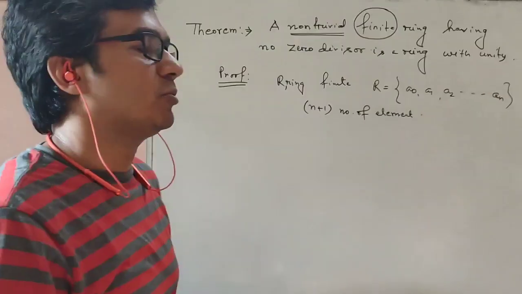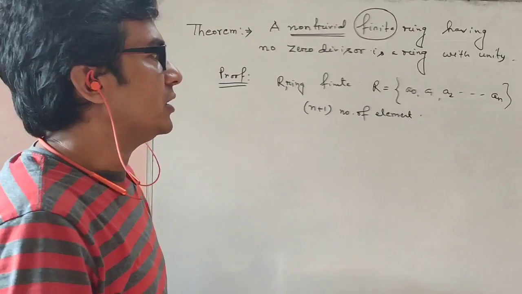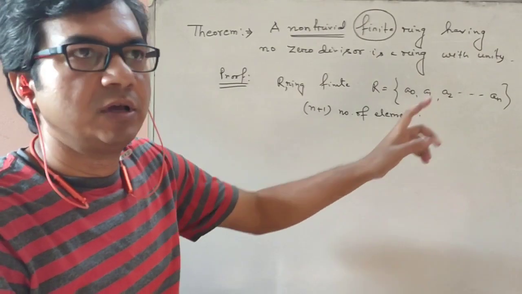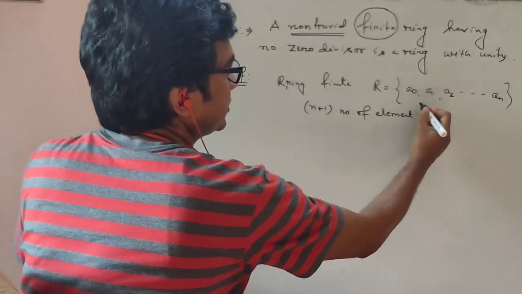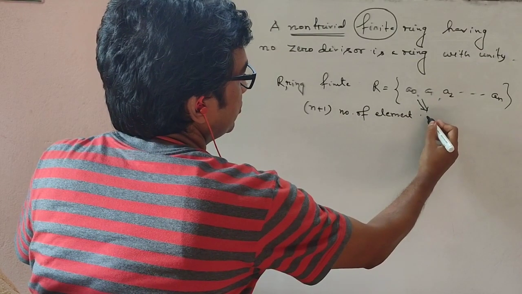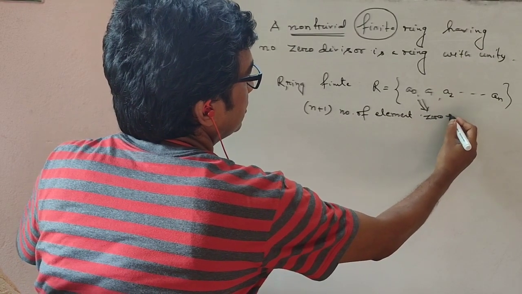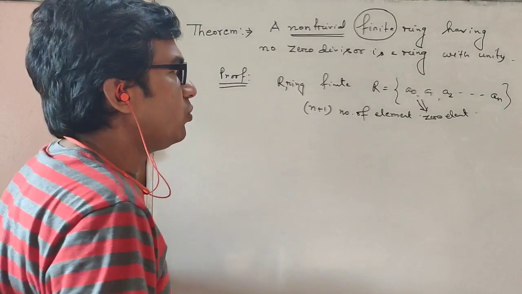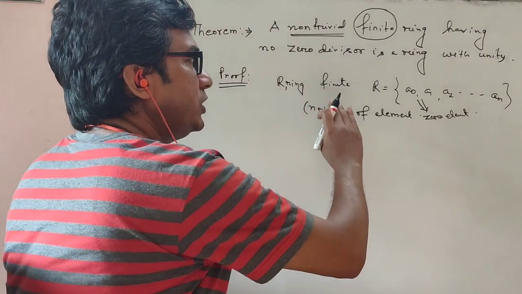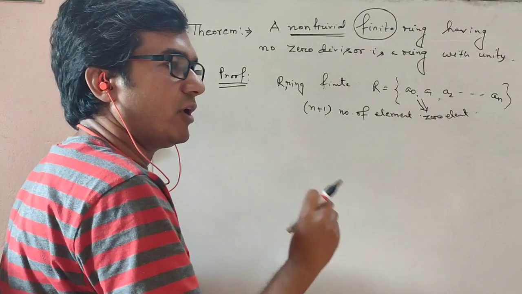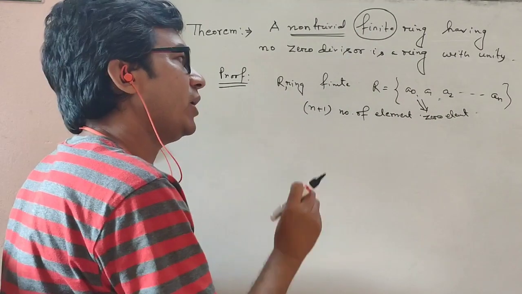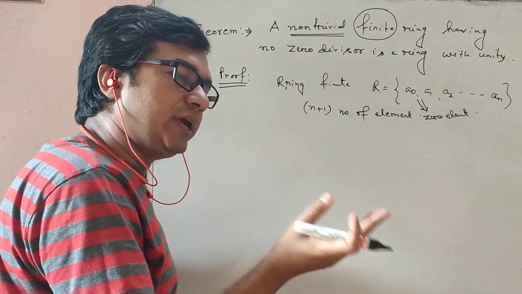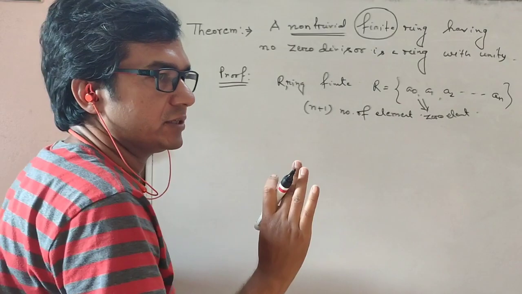Here there must be a 0 element. Let this 0 element be A0. Now we multiply all the elements of R by A1 from the left, and also by A1 from the right.